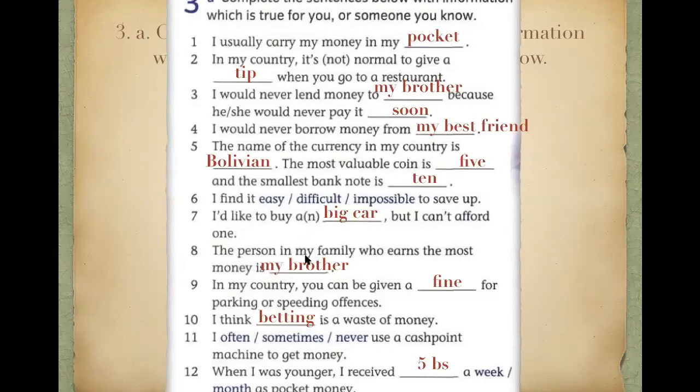The person in my family who earns the most money is my brother. In my country, you can be given a fine for parking or speeding offenses. I think betting, apostar, is a waste of money. I often, or I never use a cash point machine to get money. When I was younger, I received 5 Bolivians a week as pocket money.